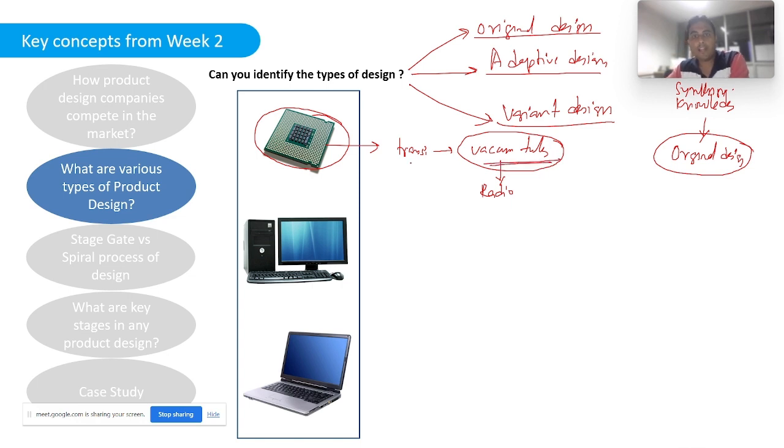Then the era of transistors comes. Vacuum tubes to transistors is an original design, because to make the transistor you need synthesis of new knowledge, as there is no link between vacuum tubes and the transistor, which is a PN junction.